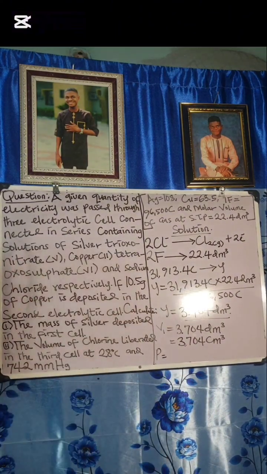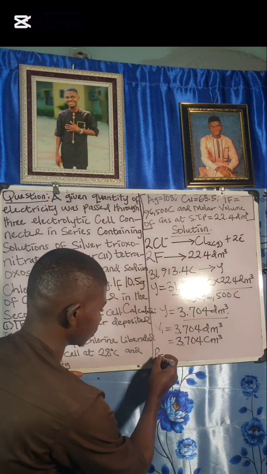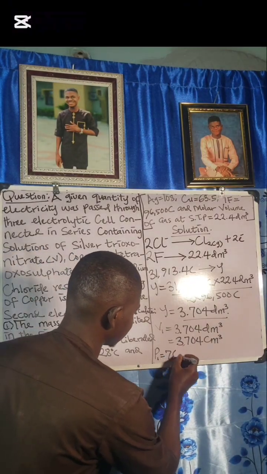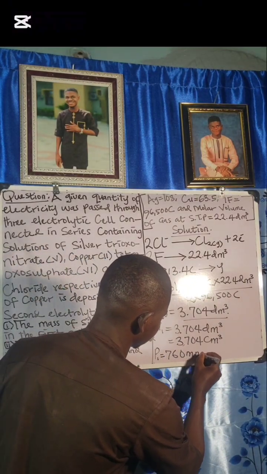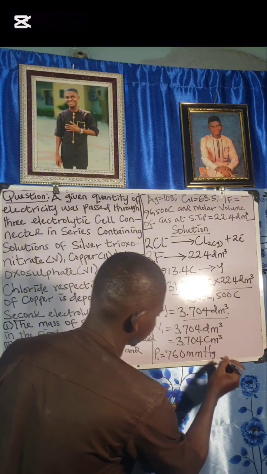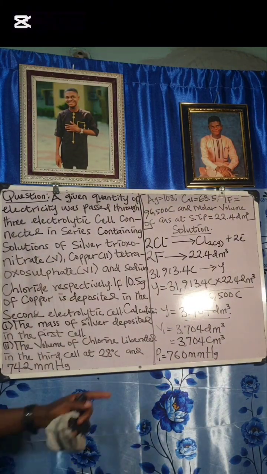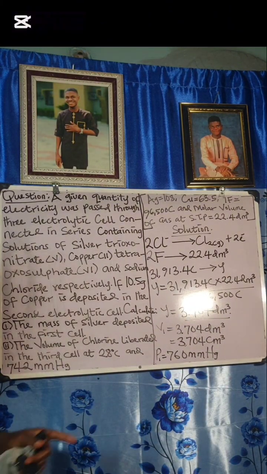Now our P1 will be equal to 760 millimeters of mercury, that is the standard pressure.